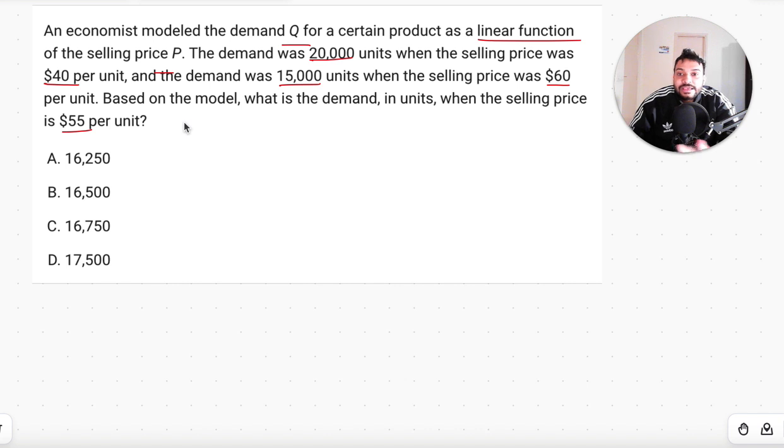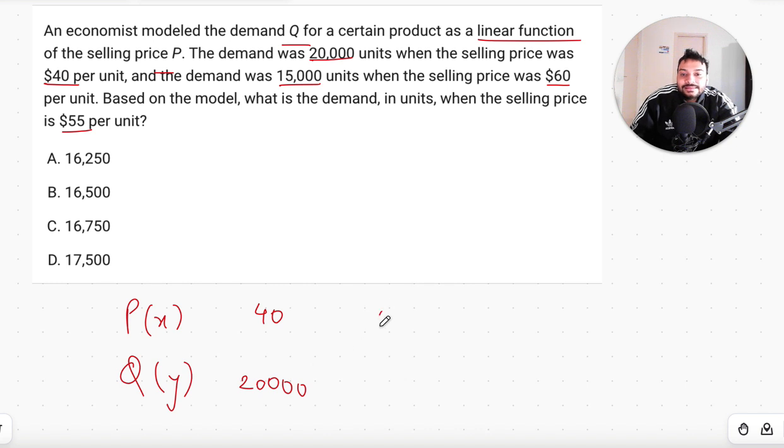So they've given us two scenarios. Let's write P, Q. P is the selling price, Q is the demand. So P is basically X, demand is Y, because we're checking the effect of selling price on the demand. When the selling price is $40, the demand is 20,000 units. When it's $60, the demand is 15,000 units.